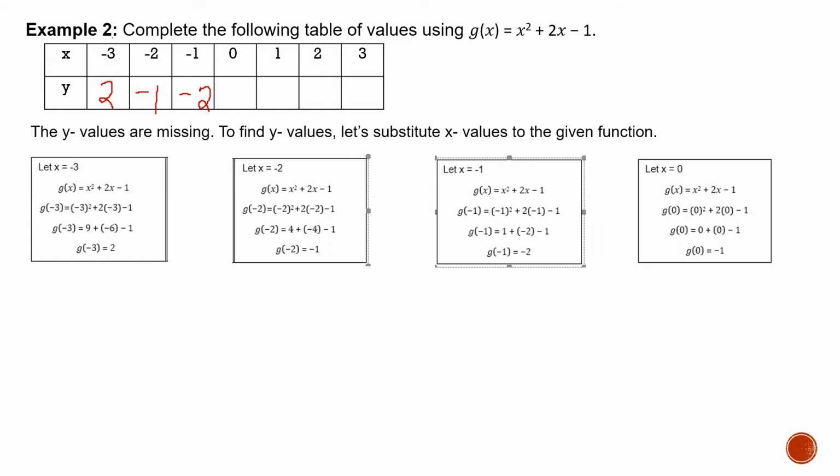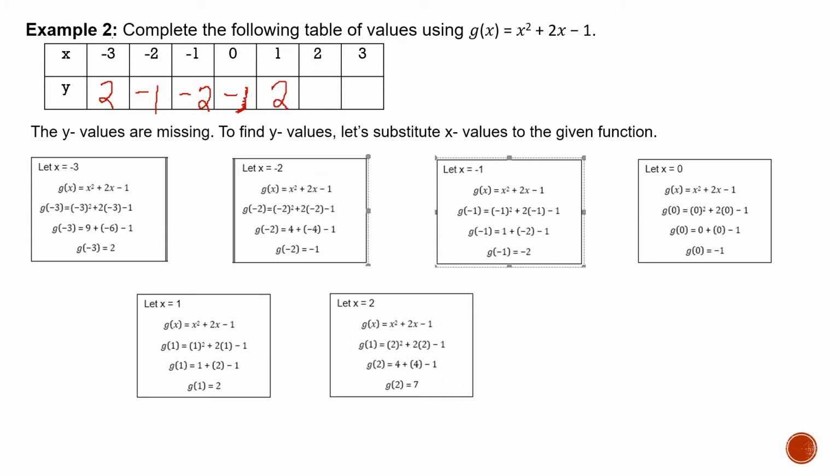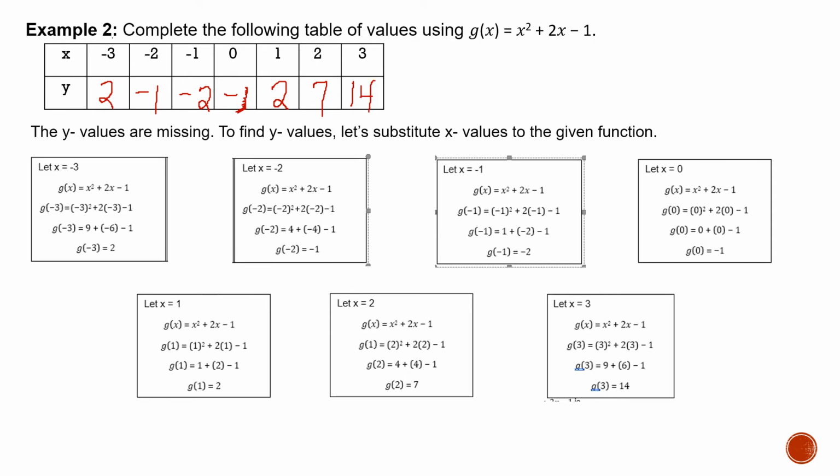If x is 0, y is negative 1. If x is 1, y is equal to 2. If x is positive 2, y is equal to 7. And if x is positive 3, y is equal to 14.